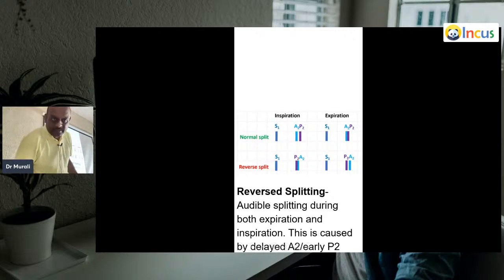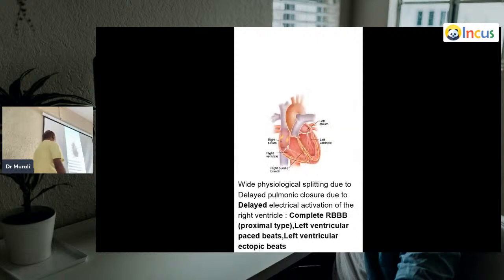That is what we need to have clarity. So wide physiological splitting is due to a delayed pulmonic closure or an early aortic valve closure. And reversible splitting is due to delayed A2 or early P2. Chalo. The remaining thing is all gain.